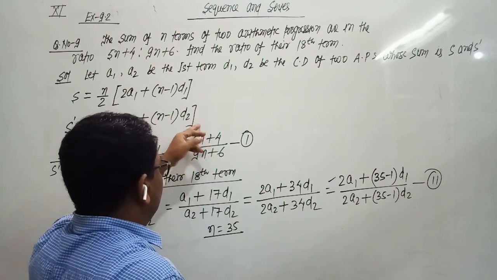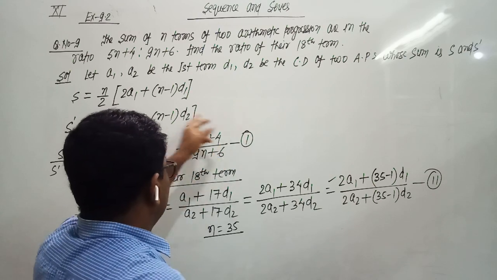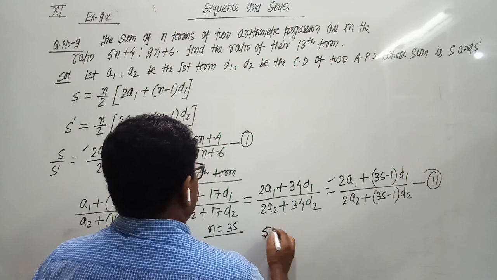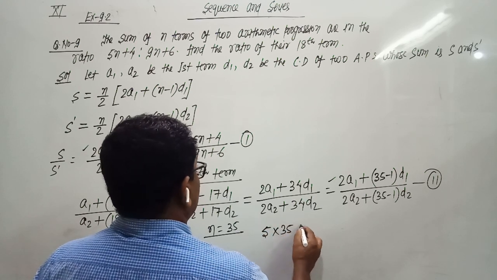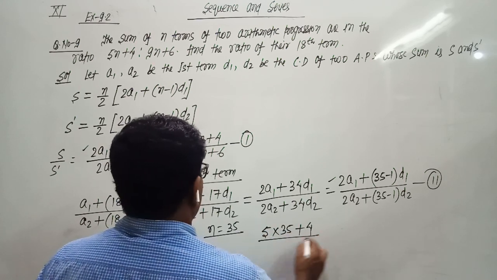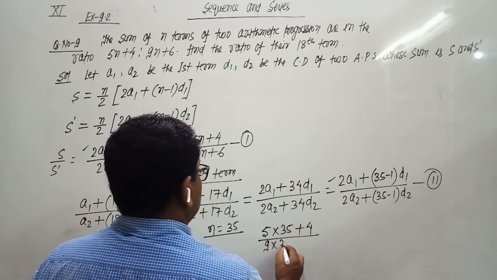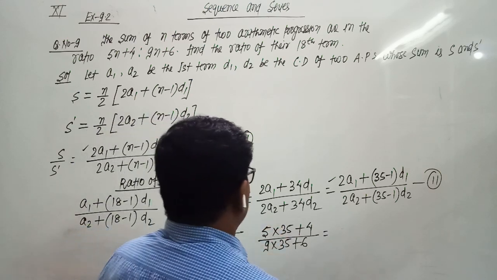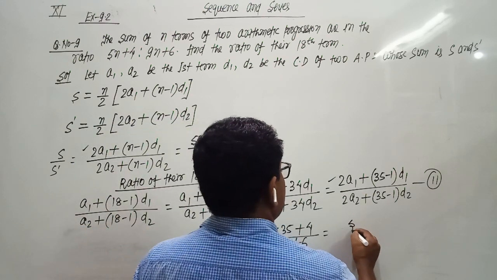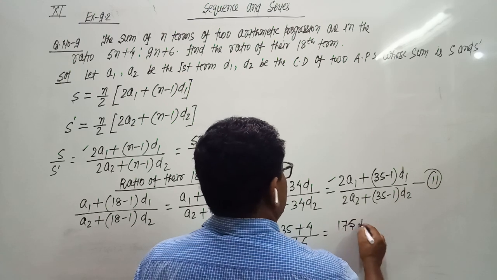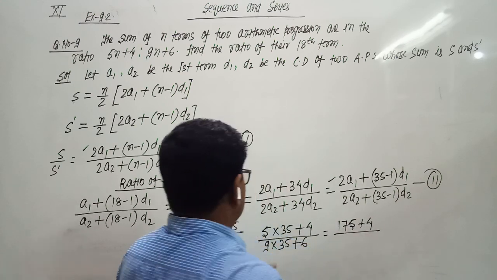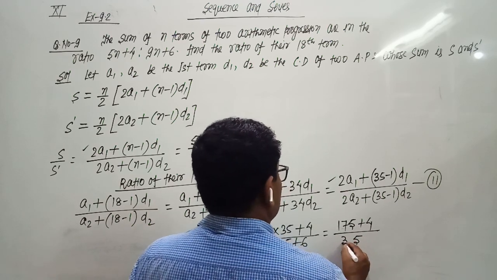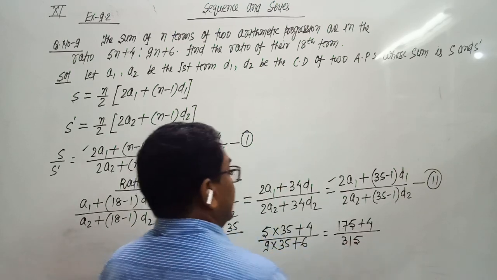Now put the value of n equals 35 in the expression: 5 into 35 plus 4 upon 9 into 35 plus 6. So 5 into 35 is 175 plus 4, and 35 into 9 is 315 plus 6.